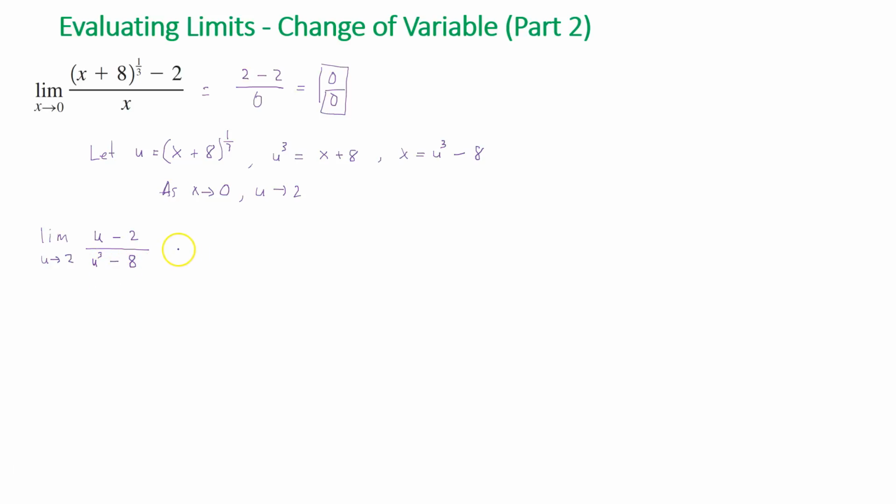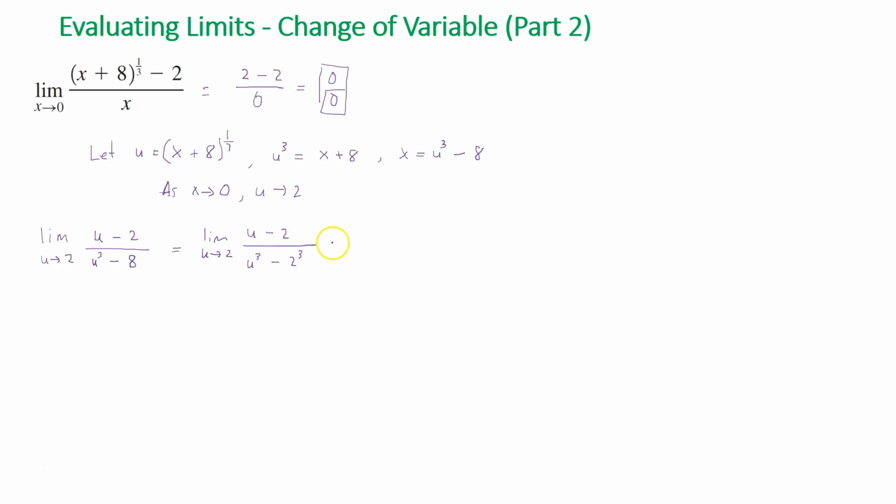And so on the bottom I have a difference of cubes. So I'm going to rewrite that. The limit as u approaches 2 of u minus 2 over, and I'm going to leave this as u cubed, but I'm going to write the 8 as 2 to the power of 3, just to make it obvious that this is a difference of cubes.